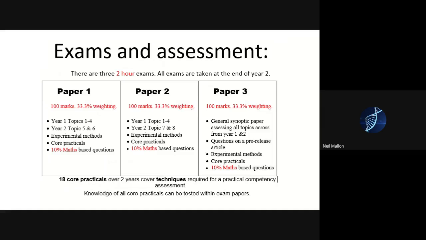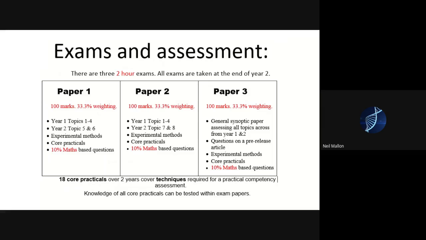The exams and assessments, so there are 3 2-hour exams, and all exams are taken at the end of year 2, so it's not a modular course. Everything you get examined on is basically at the end of year 13. The 3 papers are all equally weighted, so they count for 1/3 of each of the marks, and they consist of 100 marks each.